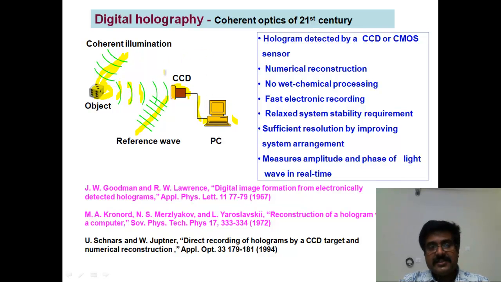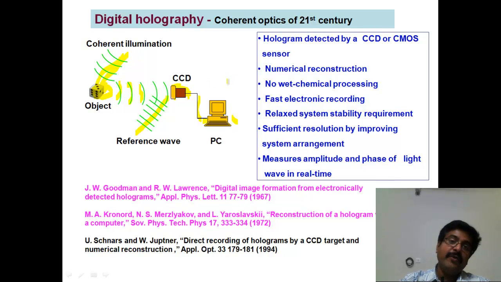The advantage is that the wet chemical processing of the film is not present; it is directly captured by the CCD sensor, which avoids the wet chemical processing. That is the first factor. And once the information is available in the digital domain, computer domain, one can easily exercise numerical computation.